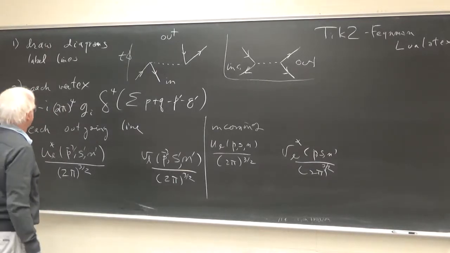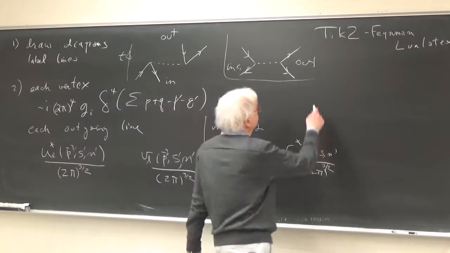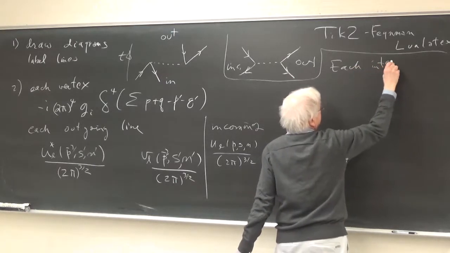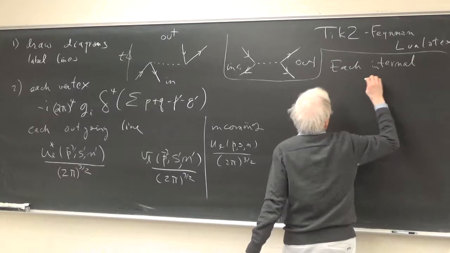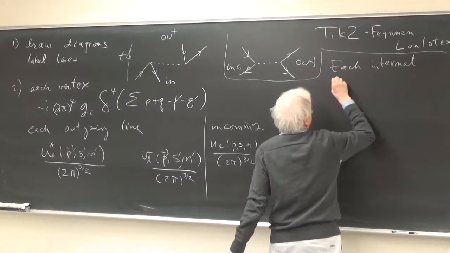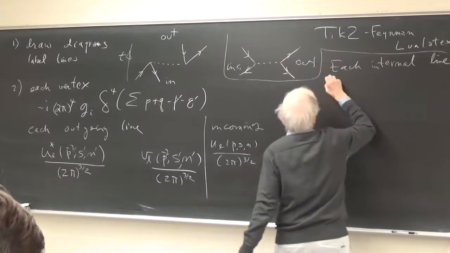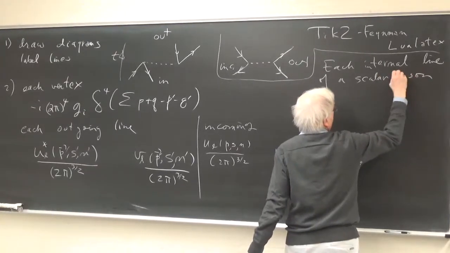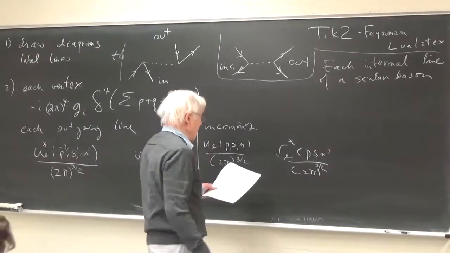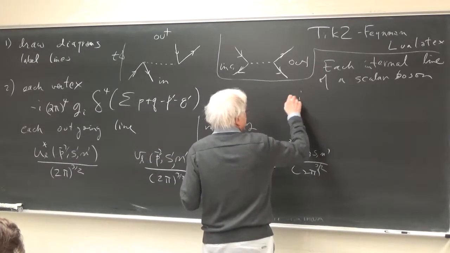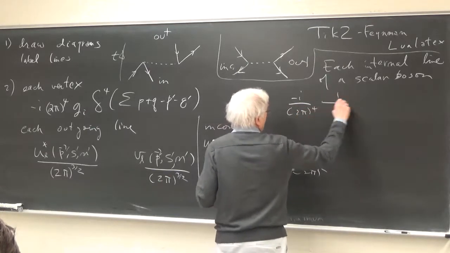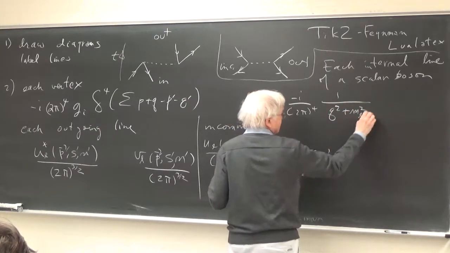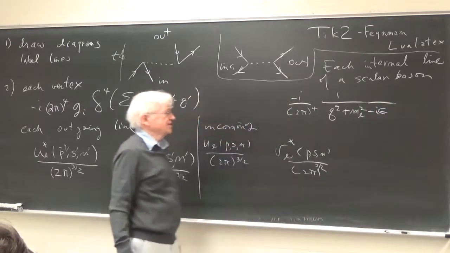For each internal line, for a scalar boson, what you do is you have minus i over (2 pi)^4, 1 over q squared plus the square of the mass of the internal particle, of the particle going across the internal line.